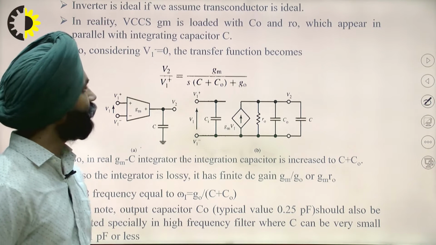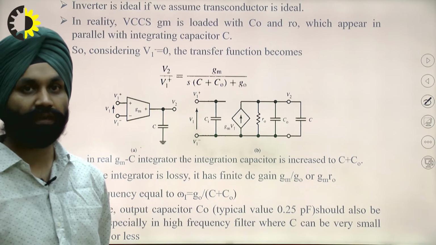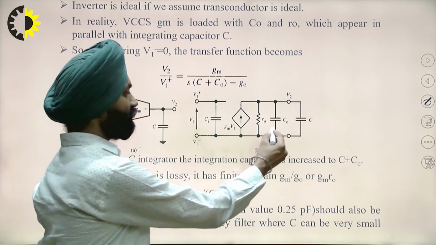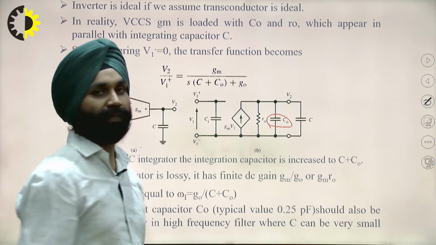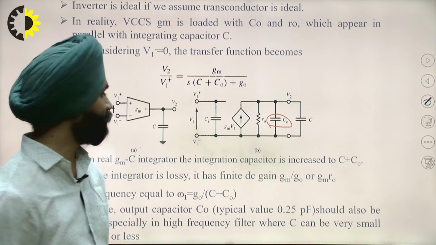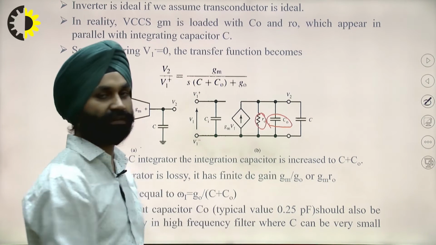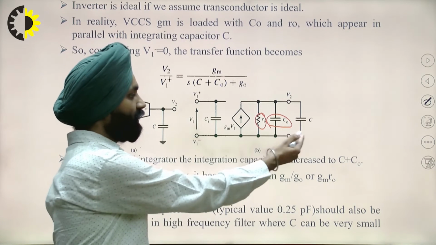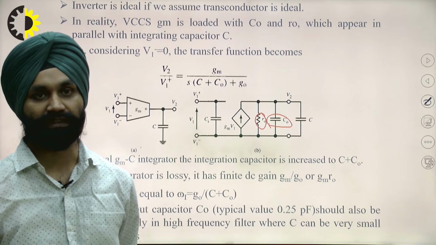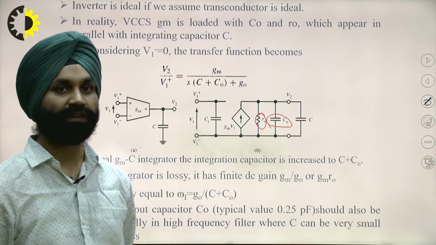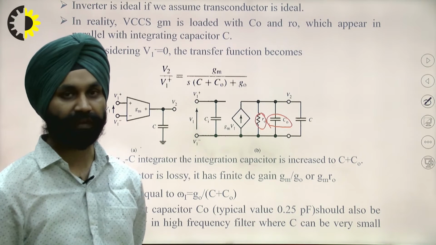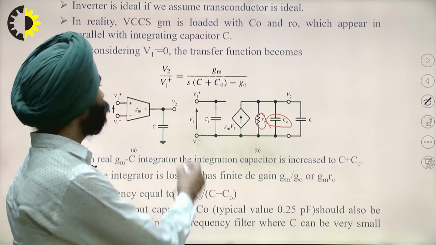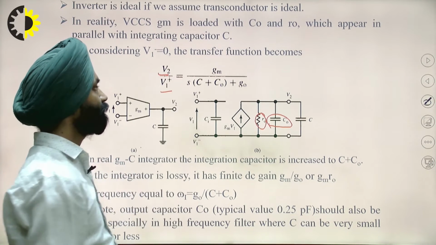So in reality, the voltage controlled current source is loaded with the C node, as we have seen that C0 is in parallel with the C. Also there is a model resistance R0, which will also be in parallel with the C. So if we see the total effective impedance, that will be V2 by V plus.